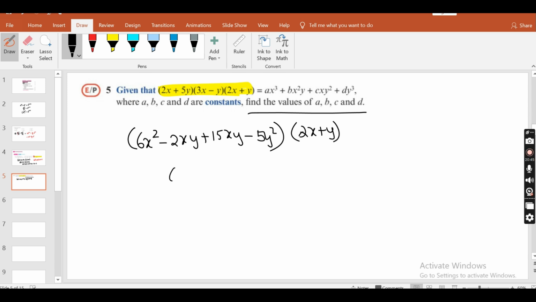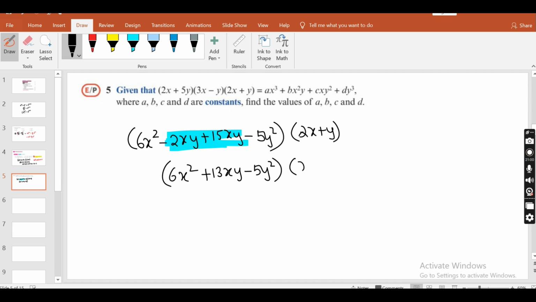Now I'm going to open the third bracket also. Probably we can simplify this because these two are like terms, right? So minus 2 plus 15 is 13xy minus 5y square. And then open the third bracket, you will get 12x cubed plus 6x squared y and then 26x squared y.